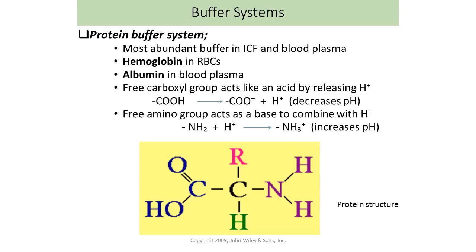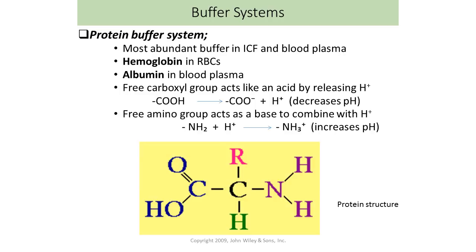So in red blood cells, for example, hemoglobin, which we'll learn more about later in the course, is the protein that binds oxygen in the red blood cell, but hemoglobin is a protein that will also act as a buffer. And as well, in the blood plasma, one of the proteins that we have is called albumin, and it also acts as a major buffer system for the acid-base balance in blood.